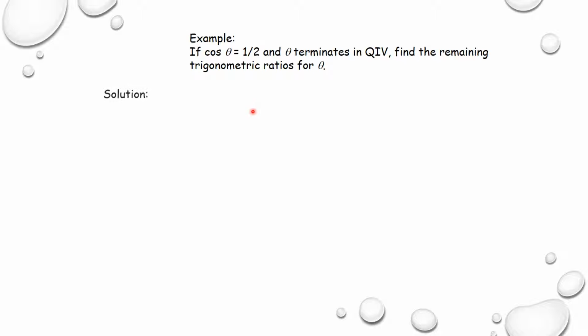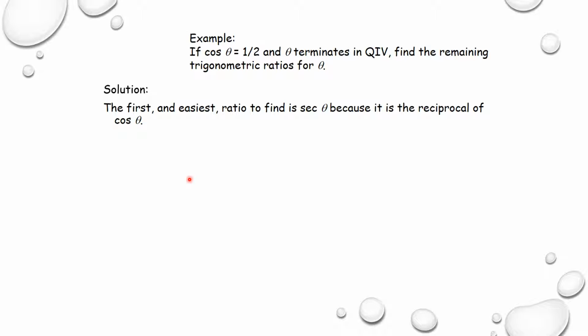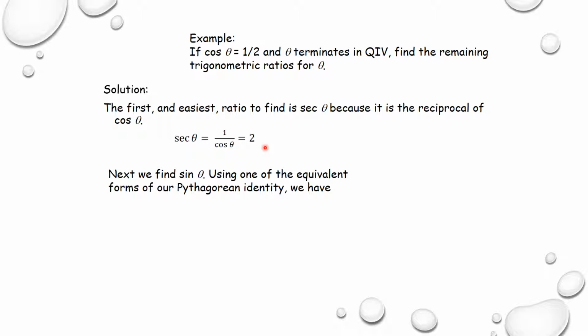So I can go ahead and just reciprocate cosine to get secant. By turning 1/2 upside down, I get 2. Now, having cosine just by itself or secant just by itself won't get me to sine. But cosine squared will get me to sine because of the Pythagorean identity. In fact, it's this one right here.